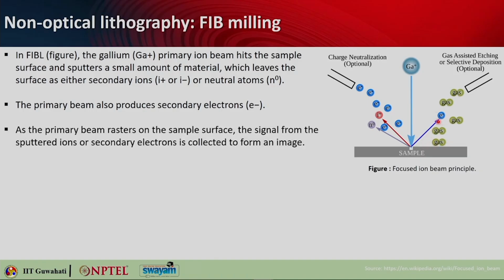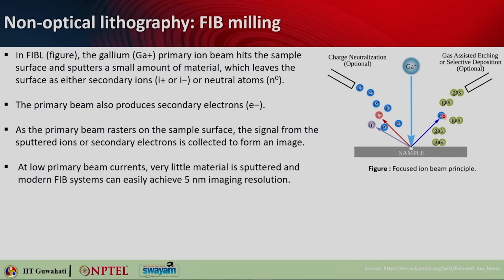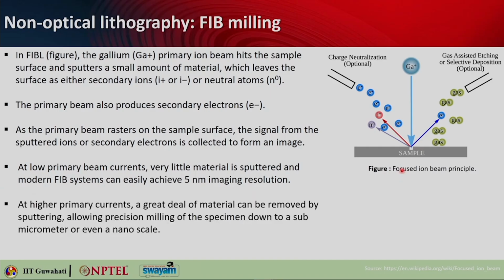As the primary beam rasters, or scans, on the sample surface, the signal from the sputtered ions or the secondary electrons is collected to form a particular image. As I mentioned, at low primary beam current, very little material will get sputtered, and you can achieve up to 5 nanometer imaging resolution in modern FIB systems using this technique.